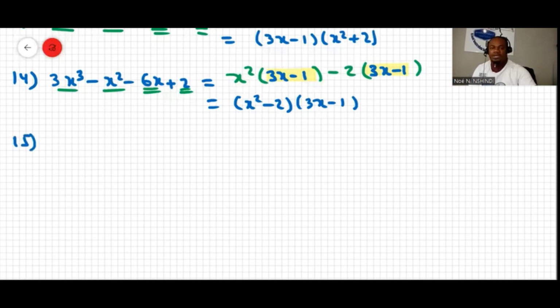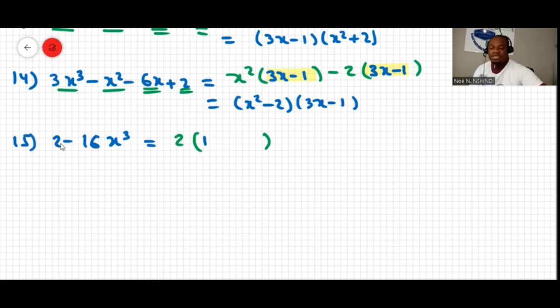question 15, what we have is 2 minus 16x cubed. Over here, we note that 2 is the highest common factor between the two terms. So we can take 2 out for common factor, and then we'll be left with 1, not 0, okay?